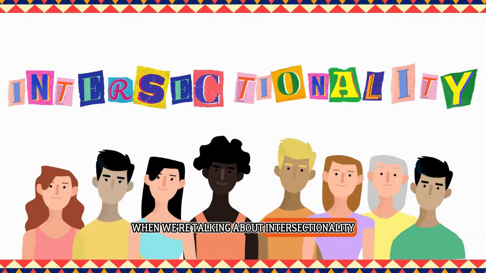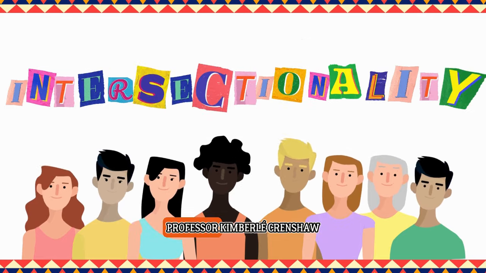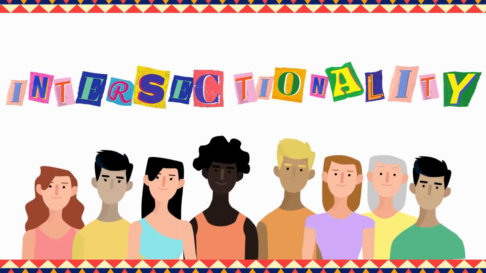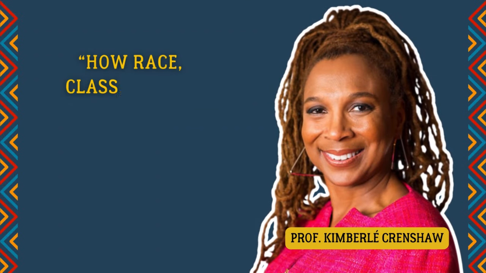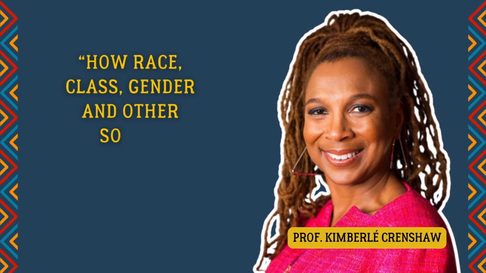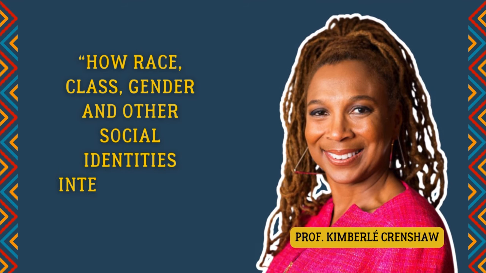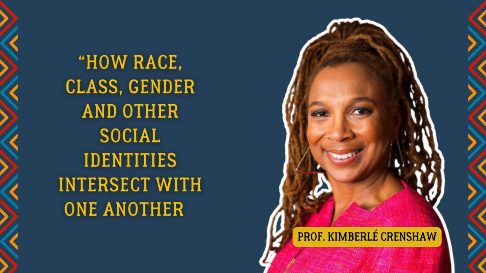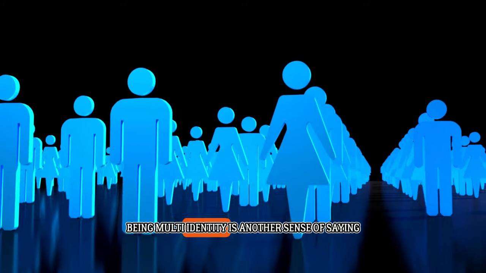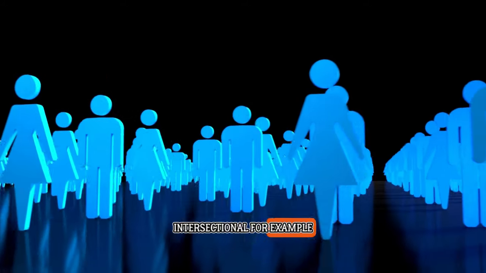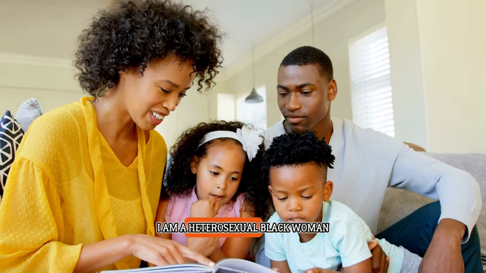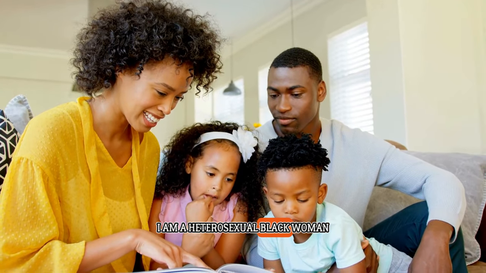When we're talking about intersectionality, Professor Kimberlé Crenshaw describes intersectionality as how race, class, gender, and other social identities intersect with one another. Being multi-identity is another way of saying intersectional. For example, I am a heterosexual Black woman.